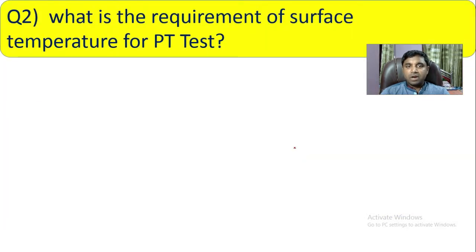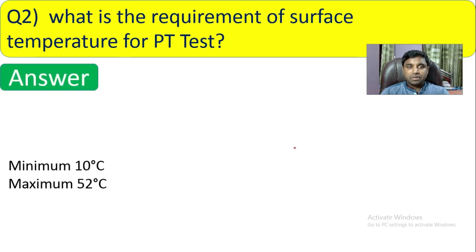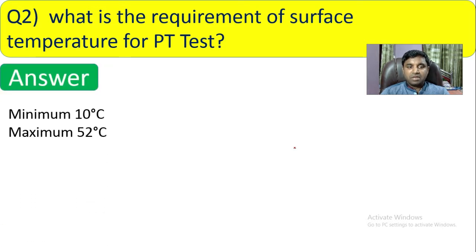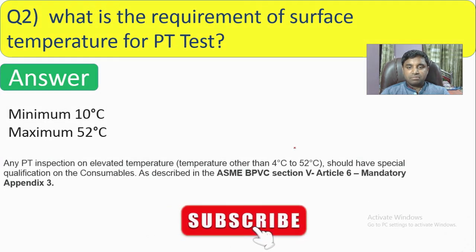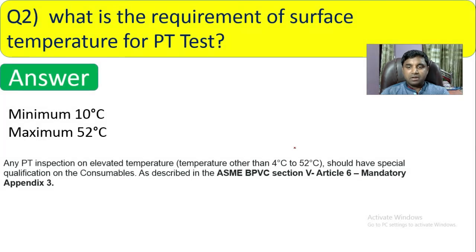Question number 2, what is the requirement of surface temperature for PT test? In PT test, what is the requirement of surface temperature? The answer is minimum 10 degrees centigrade, maximum 52 degrees centigrade. But as per the NDT section, ASME Section 5, Article 6, the temperature mentioned is 4 degrees centigrade to 52 degrees centigrade, at which you can do the PT test.